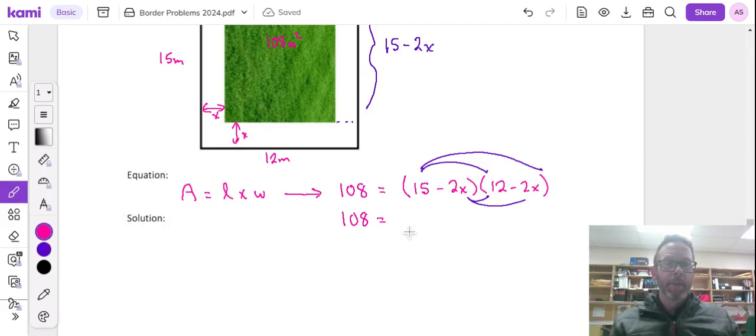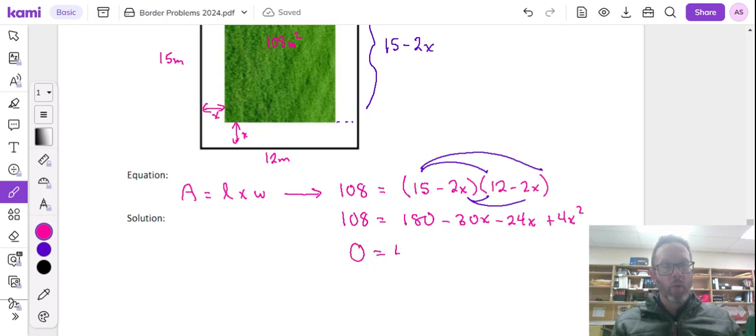15 times 12 is 180. 15 times minus 2 is minus 30x. Minus 2 times 12 is minus 24x. And plus 4x squared. All right, let's collect like terms.